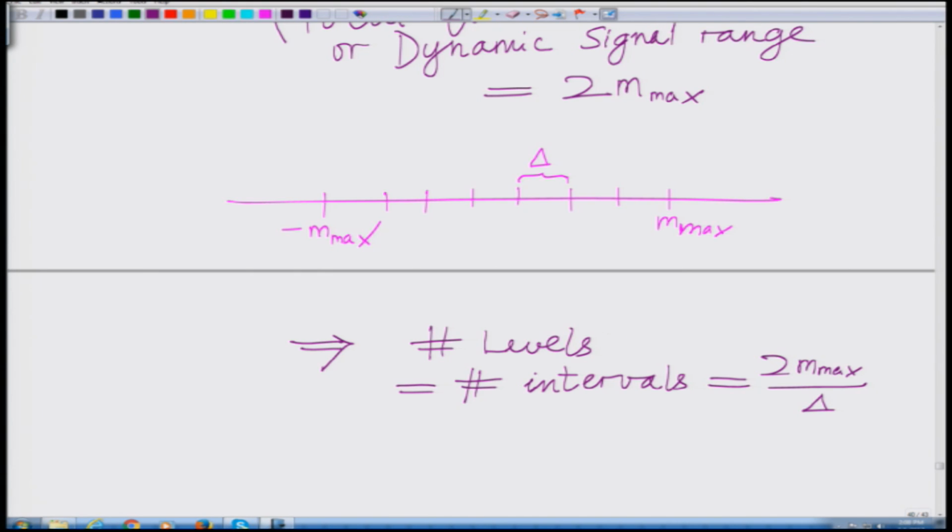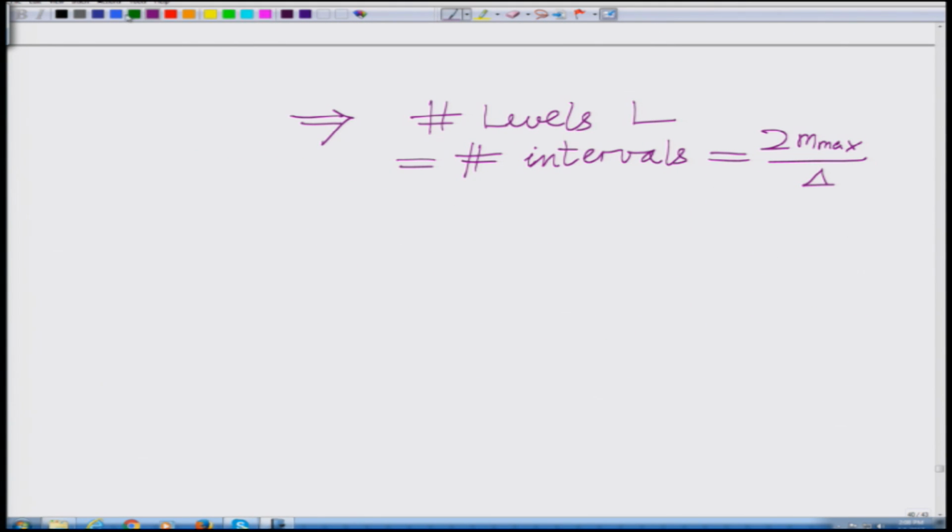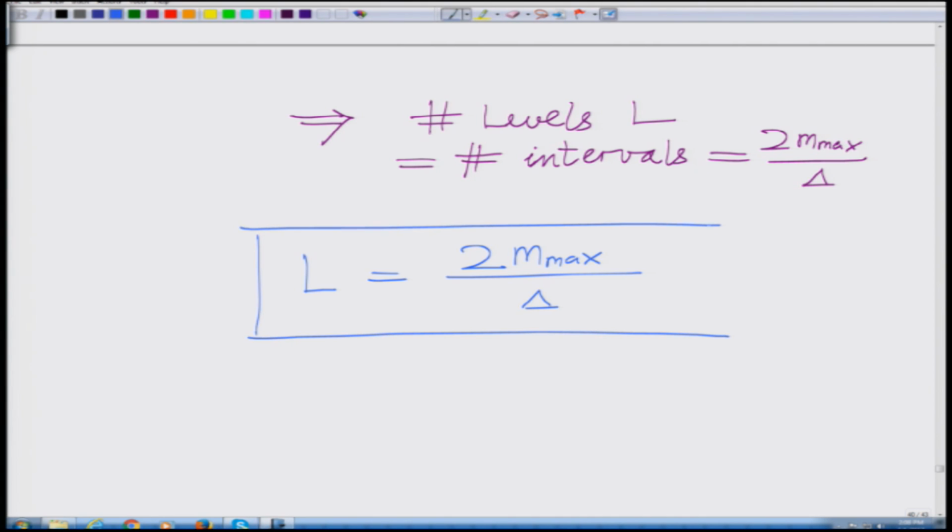So, let us say the number of quantization levels is L. We have L equals 2m max by delta for this uniform quantizer.